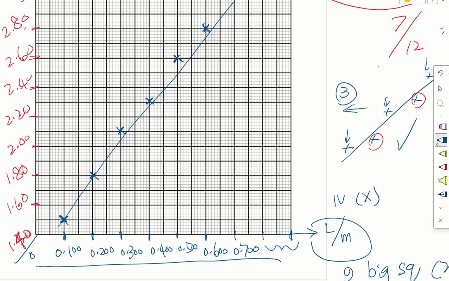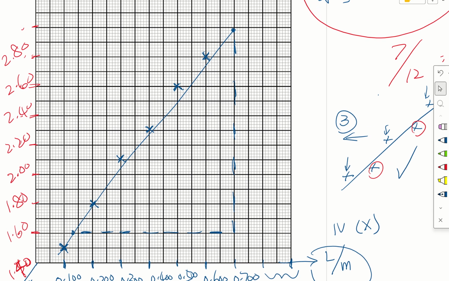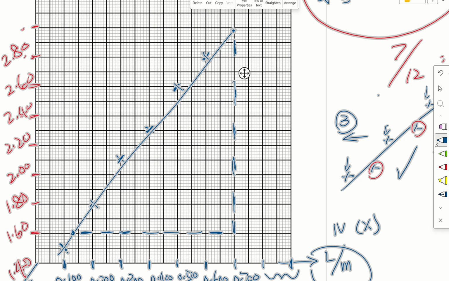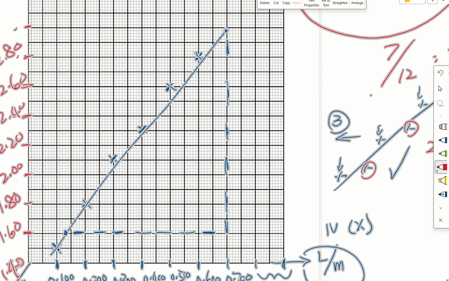Now, after you have drawn your best fit line, you don't need to care about your points anymore. You choose an appropriate point here. Make sure that the gradient triangle is large enough. Then you do your gradient triangle, like what you do in math. But what is more important is the gradient triangle must be large enough. Do not have your gradient triangle of this size.